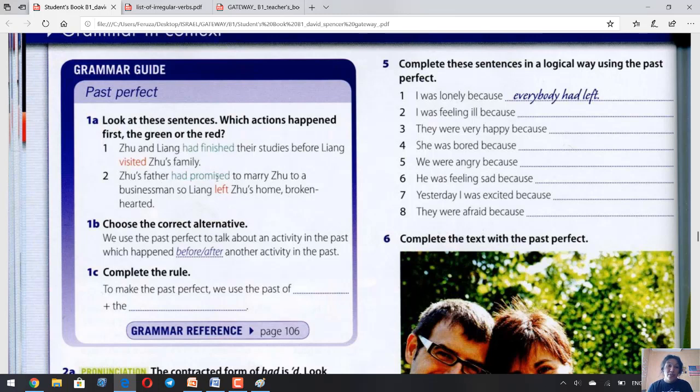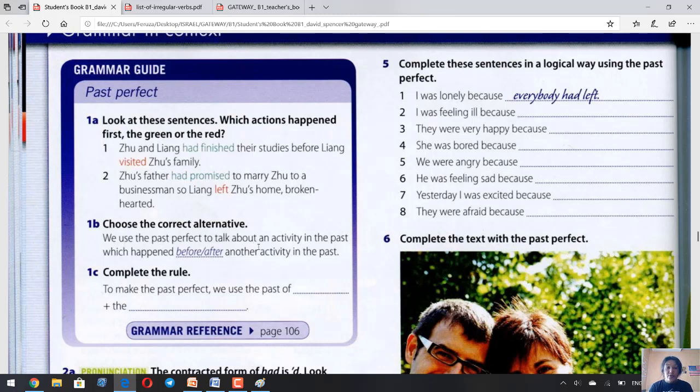Zhu's father had promised to marry Zhu to a businessman, so Liang left Zhu's home, broken-hearted. Here we can also see had promised, his dad promised before Liang left Zhu, and this action again happens first.